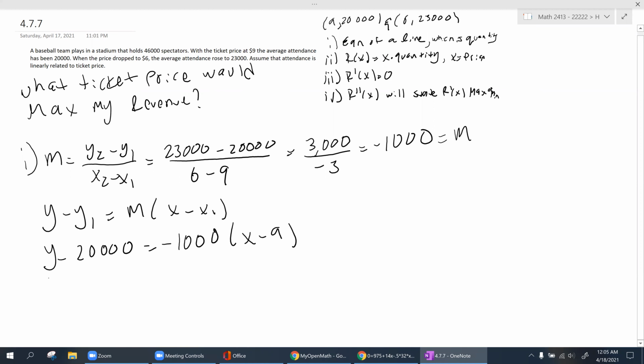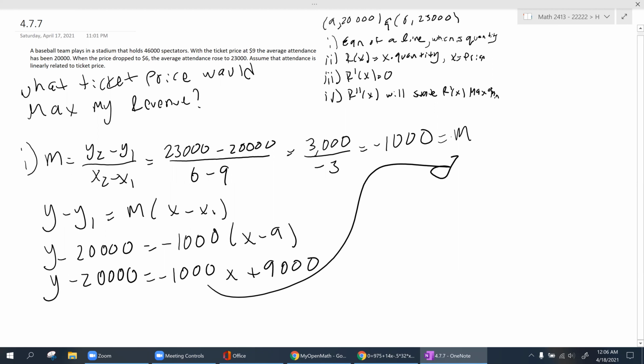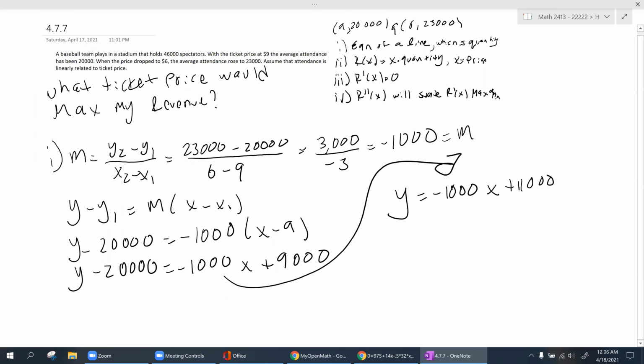So my linear function will then be, adding 20,000 to both sides, therefore my y function is equal to negative 1,000x plus 29,000. What I have here now is a quantity. This is my quantity equation.